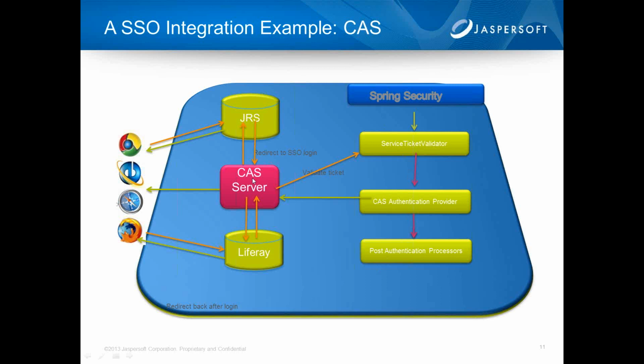Once we authenticate through CAS, the Jaspersoft server provides some extra filters. For example, if you are multi-tenant, we have an organization ID, and we also have more granular row-based security. We are not using CAS for that. I believe CAS doesn't provide that capability, so we do some post-authentication processing using the Jaspersoft server.